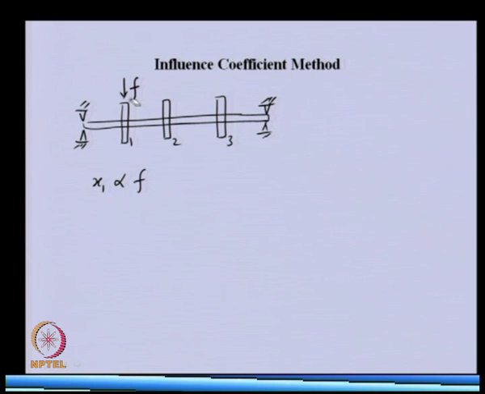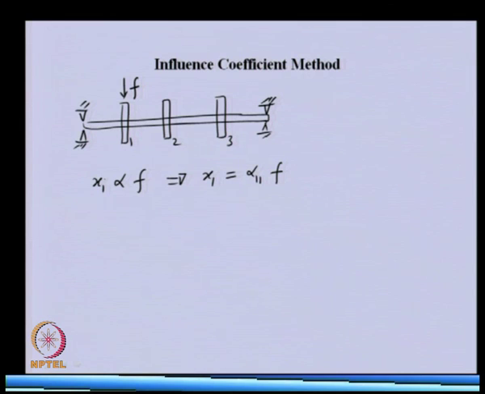We are assuming that the force we are applying gives a small displacement, and the force and displacement relations are linear. If we remove this proportionality, we will get a proportionality constant. So, x1 is, let us say, equal to some constant alpha 11 into f. This particular force we applied at location 1, and there itself we are obtaining the displacement.